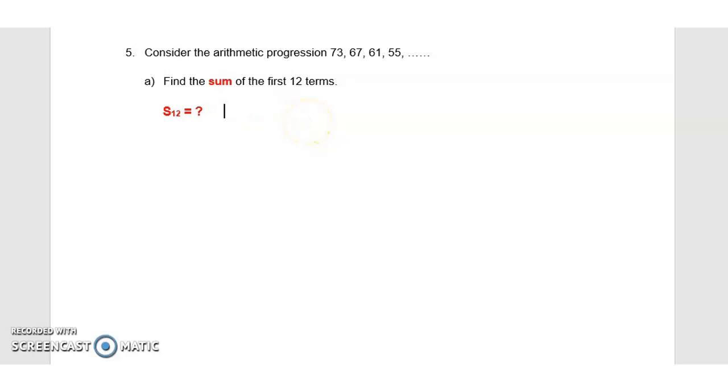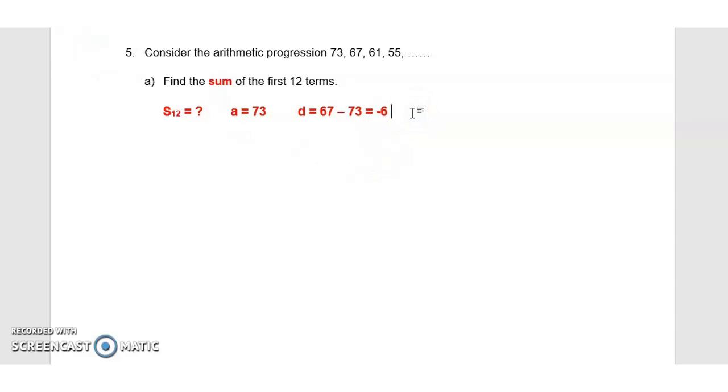Again, this is the information given. We know that a, the first term, equal to 73 and the common difference d equal to 67 minus 73, T2 minus T1, or 61 minus 67. So 67 minus 73 is negative 6.